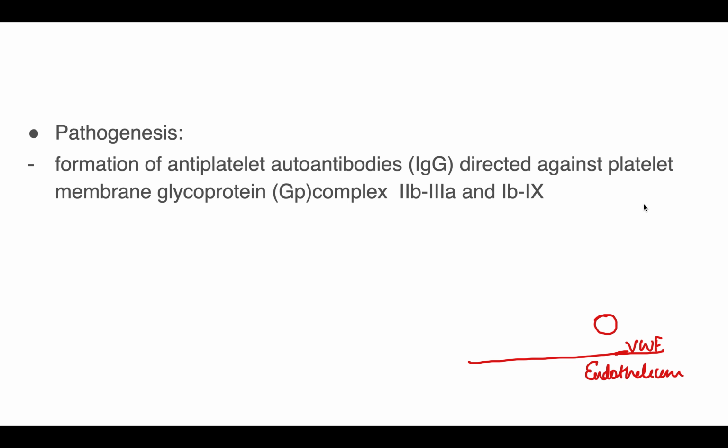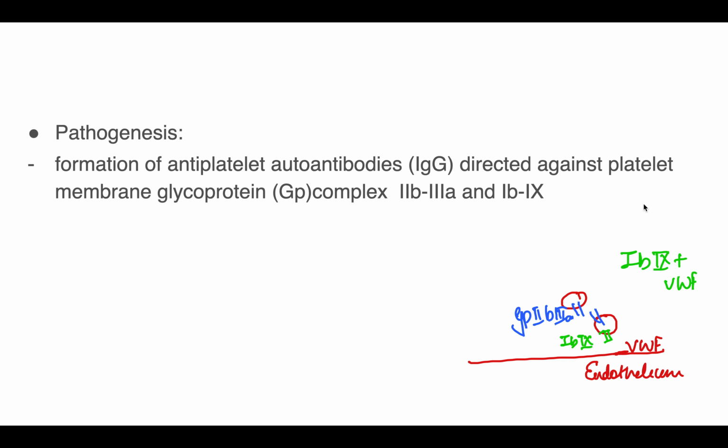This platelet has a marker over here which is known as 1b9, and this 1b9 attaches with the von Willebrand factor. Also there's another platelet. This platelet contains another antigen. This antigen name is GP2B3A.